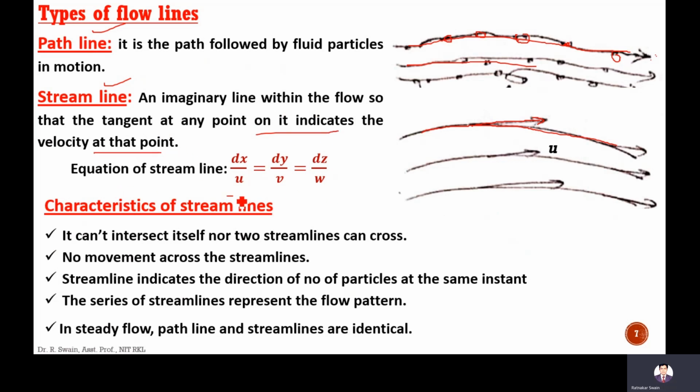The equation of the streamline, remember, is dx by u equal to dy by v equal to dz by w.